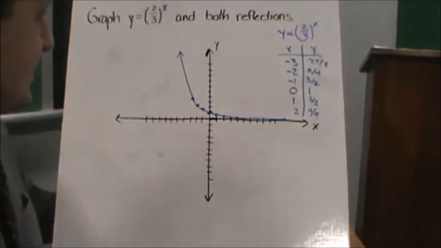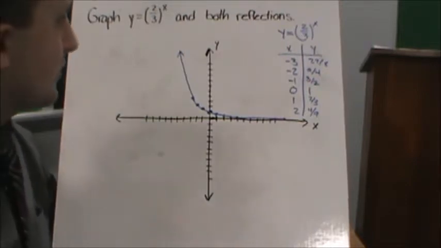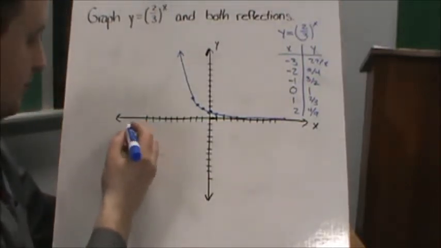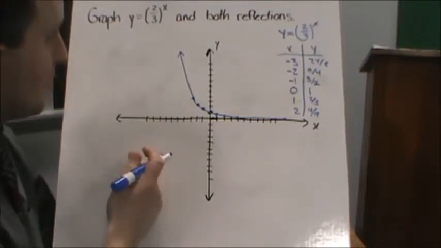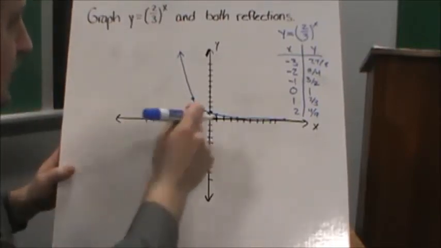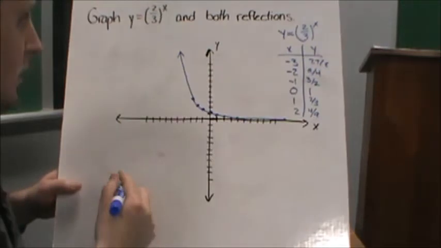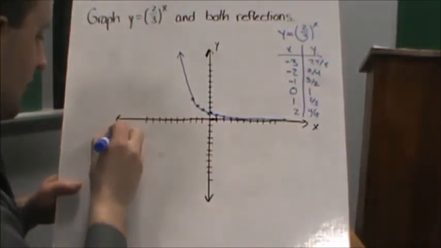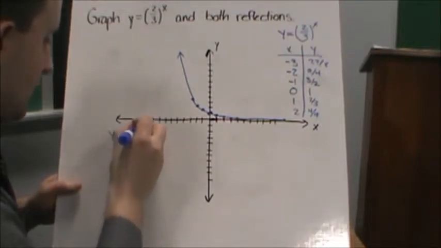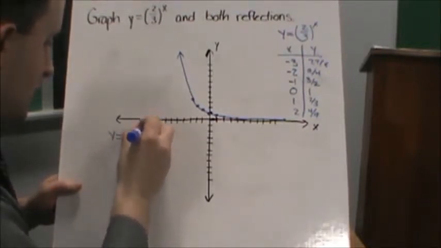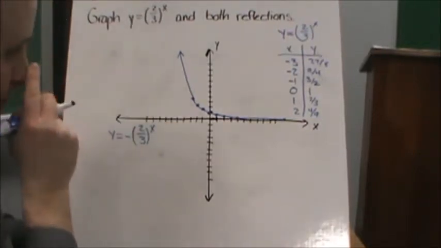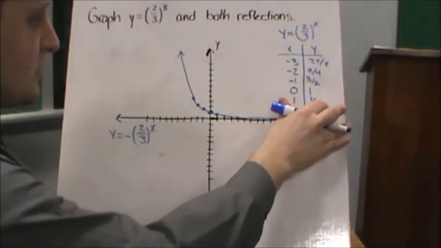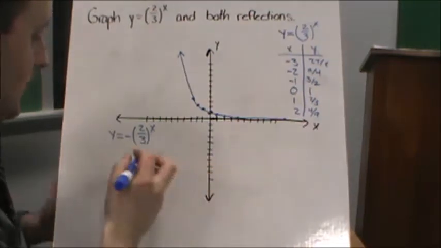Now the question asks for both reflections. So let's start with the x-axis first. Remember, to reflect across the x-axis, all we have to do is put a negative out in front of the parentheses here. So we get y equals negative 2/3 to the x. And all that's going to do is change our y values and make them all negative.